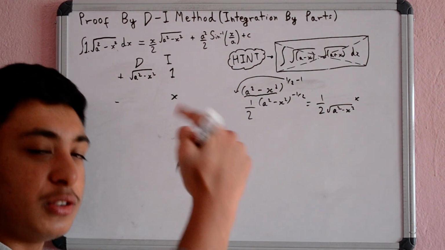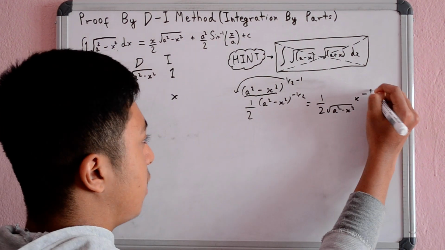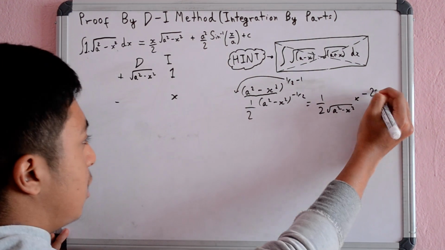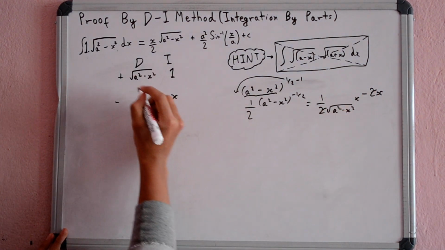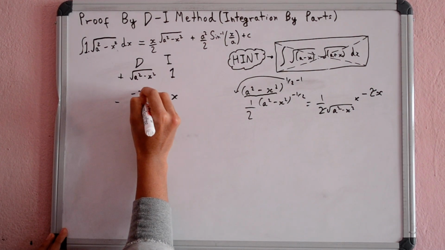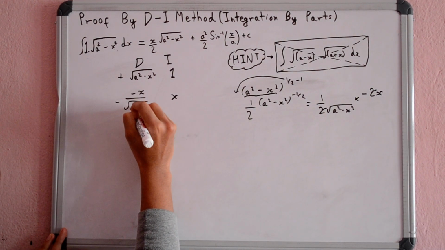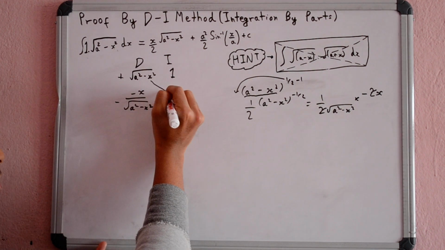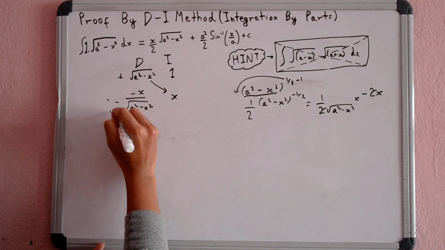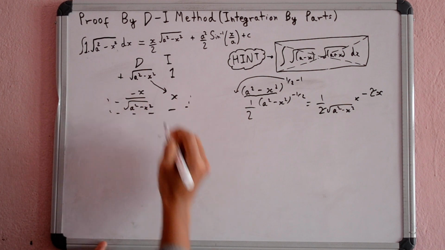And because of the minus, you have minus 2x. The 2 cancels, so you'll get minus x by this thing, so minus x by root a square minus x square. So the first part of the answer is this into that, and then the integration of this into that.